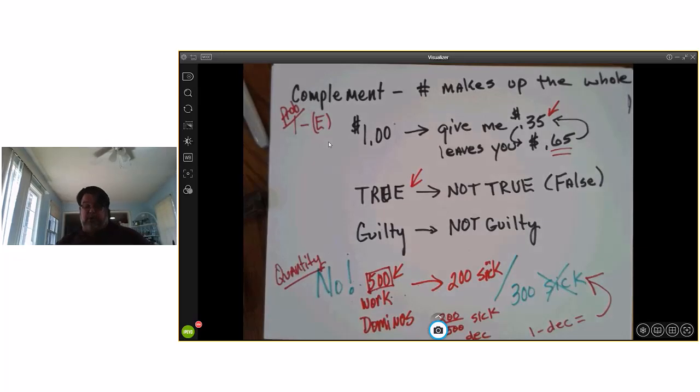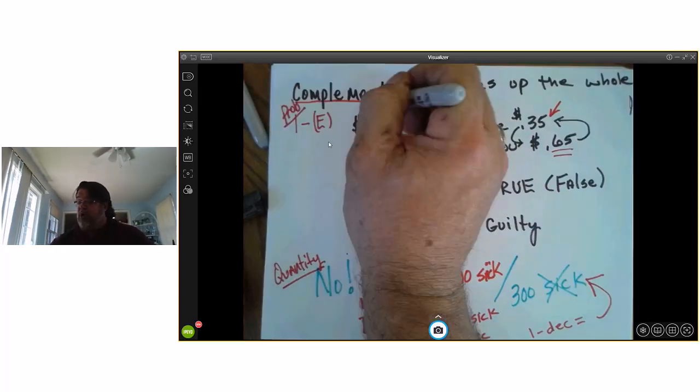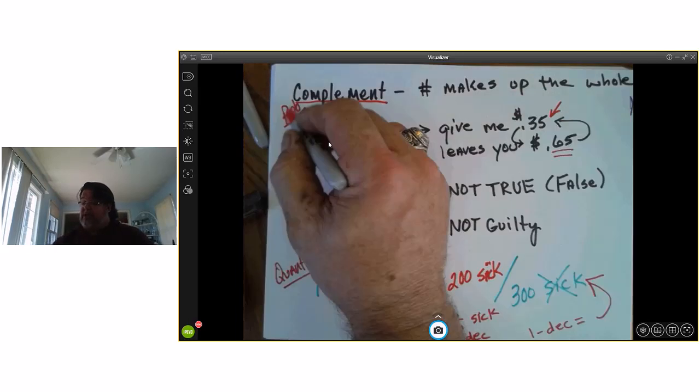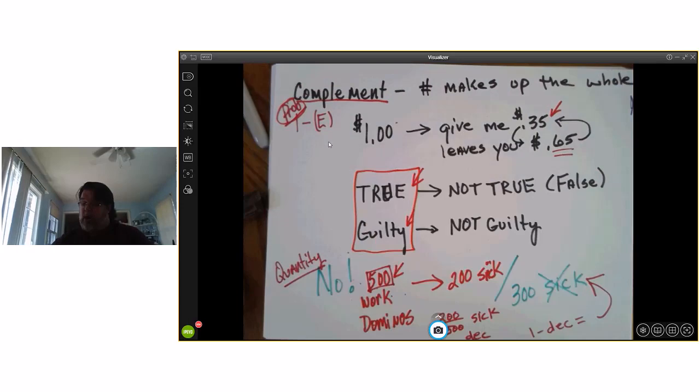So you can turn it into a decimal if you wanted to. So the whole concept behind the complement is what makes up the whole. Whether the whole is a probability, whether it's a concept, or whether it's a quantity.